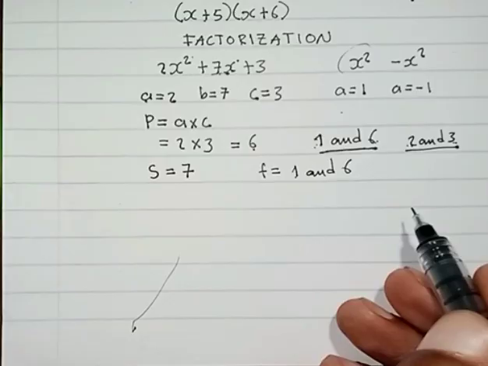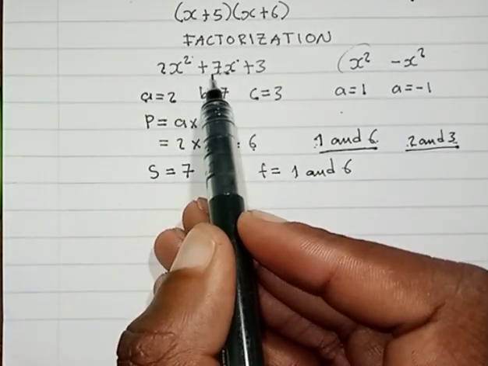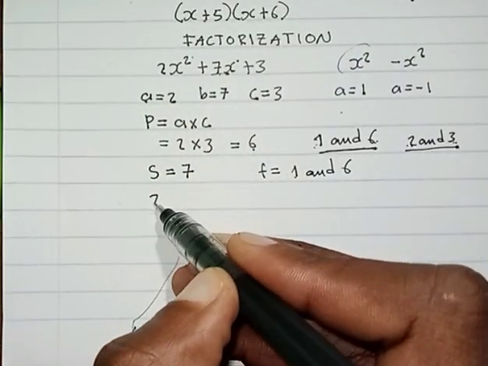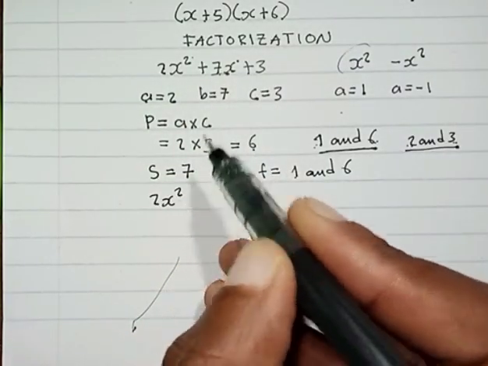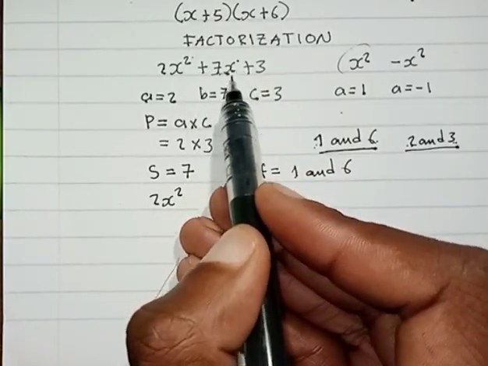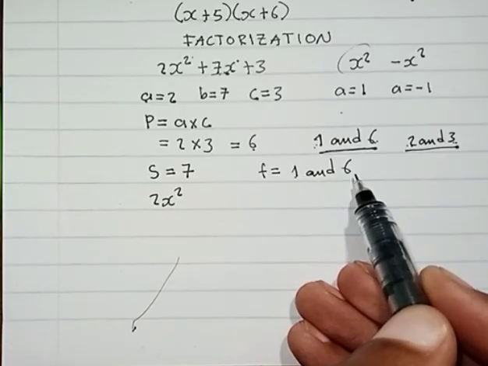Now, what do we do with these factors? So we look at the original expression, which is 2x squared plus 7x plus 3. So remove this 7x and replace it with 1 and 6.